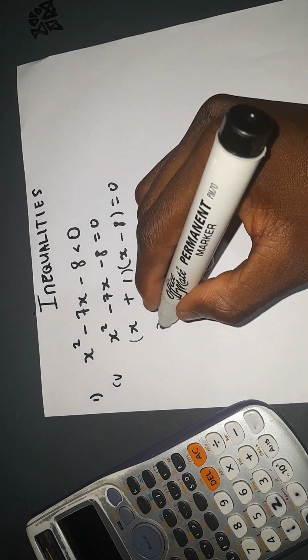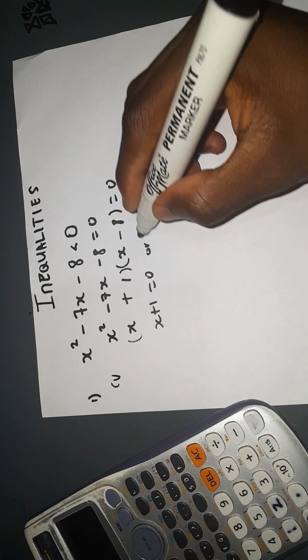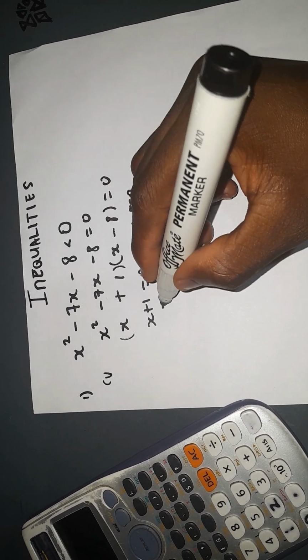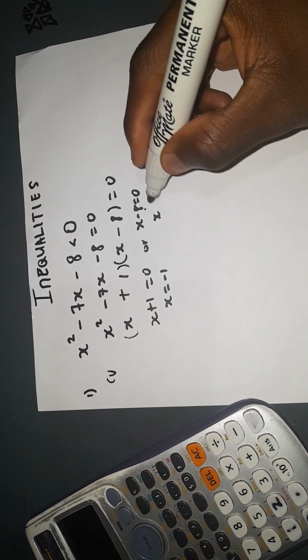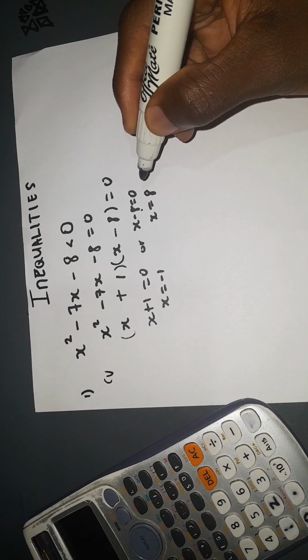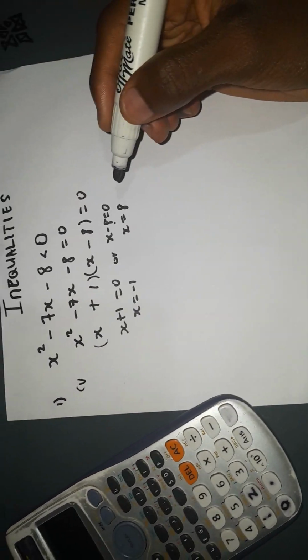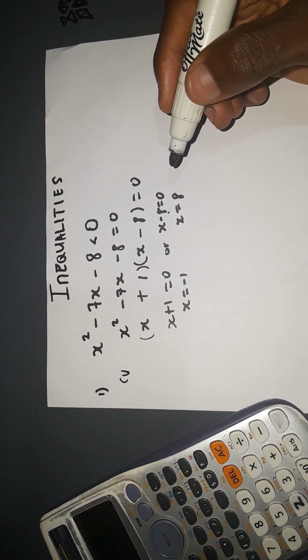And now it will be x plus 1 equals to 0, or x minus 8 equals to 0, and it will be minus 1, and we take the 8 to the other side, it will become a positive. So most of y'all, my fellow scientists, make this mistake.